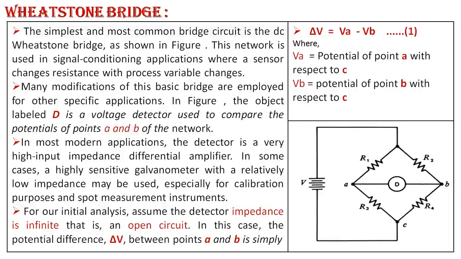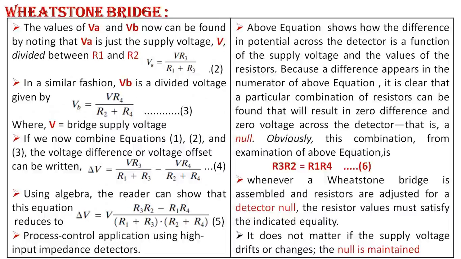In this case, the potential difference delta V between points A and B is simply delta V is equal to VA minus VB, where VA is the potential at point A with respect to C and VB is the potential at point B with respect to C. So the following diagram shows the construction of a simple Wheatstone bridge. The values of VA and VB now can be found.